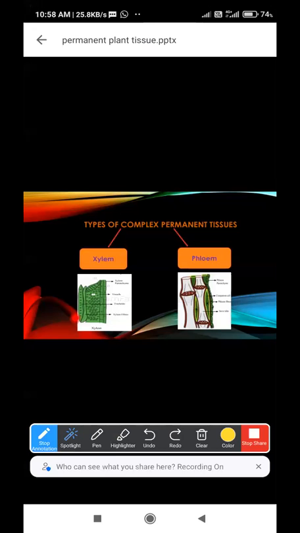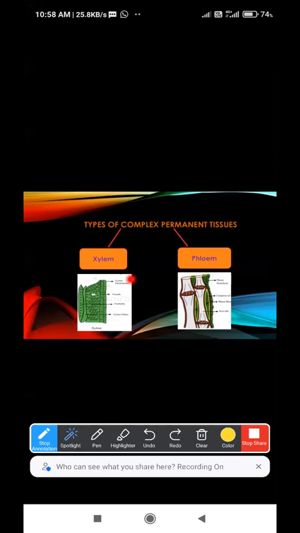As I said, complex permanent tissues are the tissues which are formed by a composition of more than two different cell types. There are two main complex permanent tissues. One is xylem, which looks like this, and the other is phloem, which looks like this.